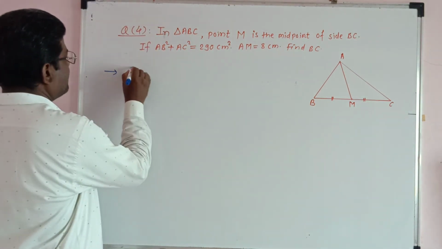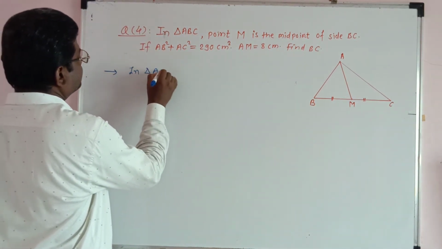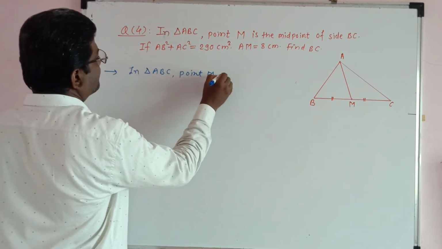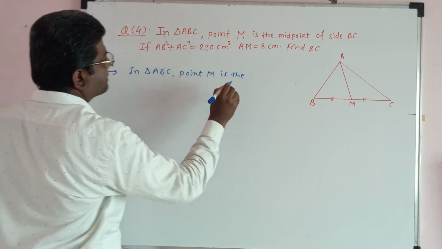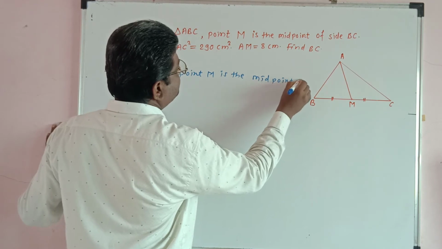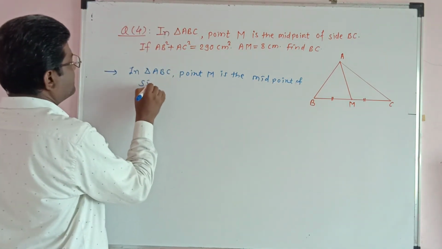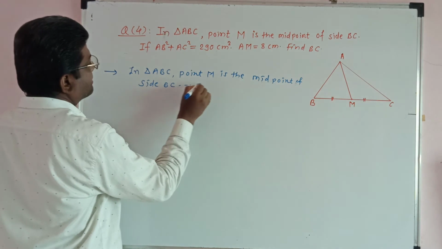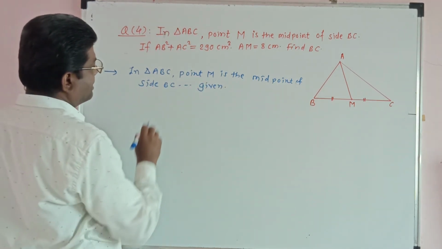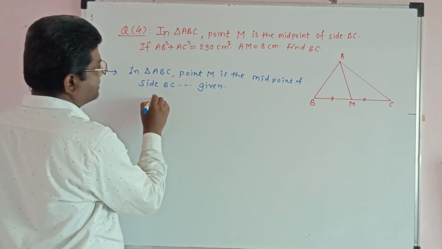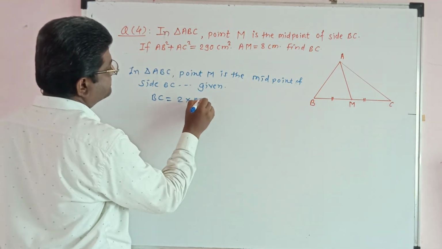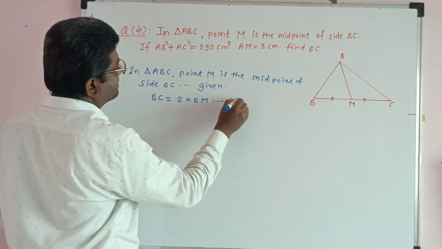In triangle ABC, point M is the midpoint of side BC. This is given. Therefore, BC is equal to 2 into BM. Equation number 1.